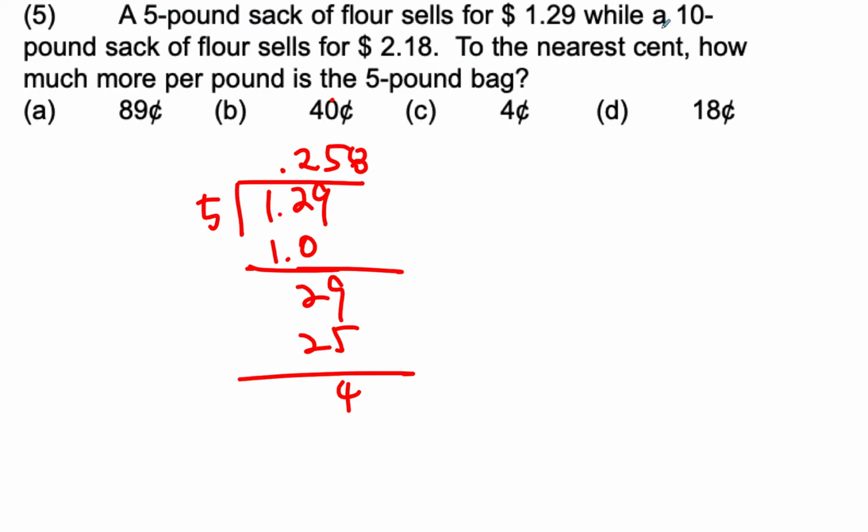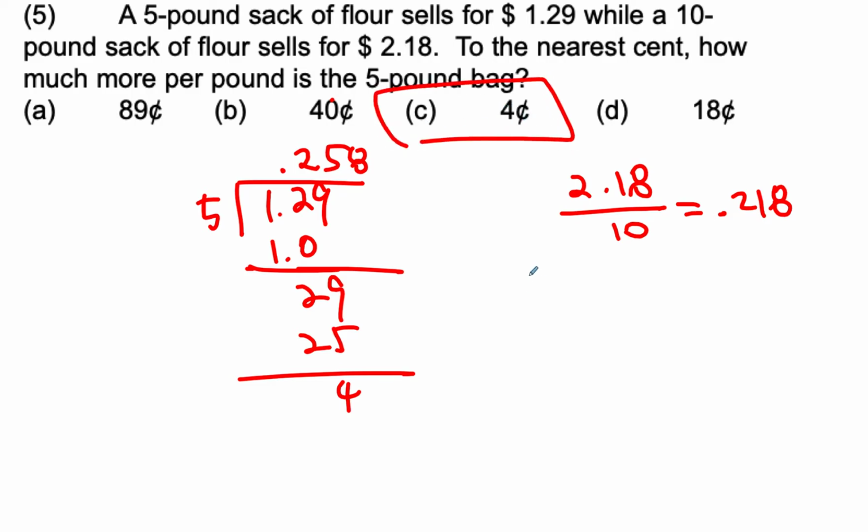The other one is 2.18 divided by 10, which is rather simple, 0.218. So the difference becomes 4 cents. Therefore, choice C becomes the answer.